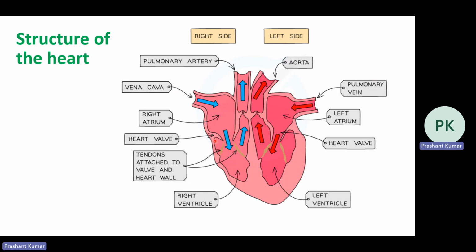There is a valve here called the tricuspid valve, and these valves are controlled by these tendons, which are flap-holding muscles. When the lower part contracts, the blood moves towards this section. There is a valve called the semilunar valve here, and this blood vessel is called the pulmonary artery, which goes to the lungs, where it gets oxygenated.